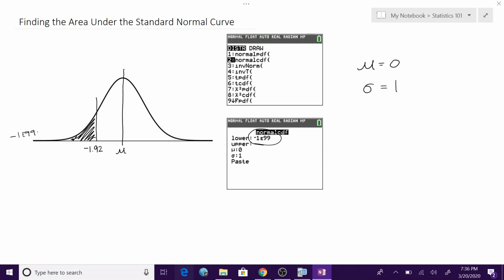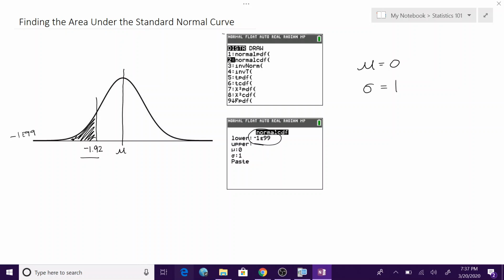Now some people wonder how we get this little tiny e right here in our calculator, and we'll get to that. So we've already determined that our lower bound number is going to be negative 1e99, and we need to know what our upper bound number is. Now our upper bound is the biggest number that you have on your graph. And as of right now, the biggest number that you have is your negative 1.92.